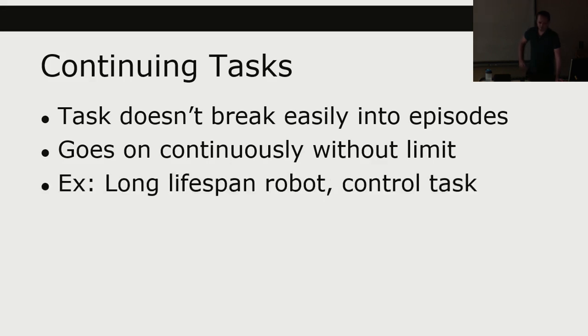For example, think of a long-lifespan robot that just continues to do something over time, or a control task, like a robot on an assembly line that keeps getting better over time. Or a robot that constantly watches guard somewhere and never has an episode where it goes to sleep and comes back the next day. There are lots of things we can consider as continuing tasks.